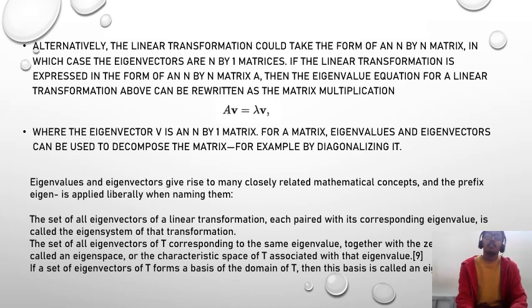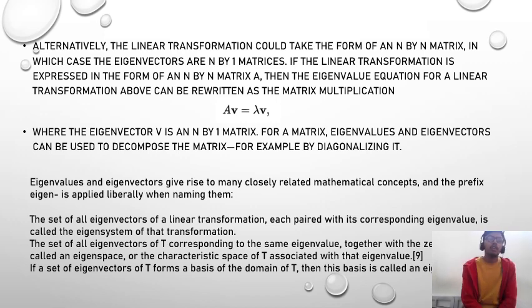For a matrix, eigenvalues and eigenvectors can be used to decompose the matrix, for example by diagonalizing it. Eigenvalues and eigenvectors give rise to many closely related mathematical concepts.